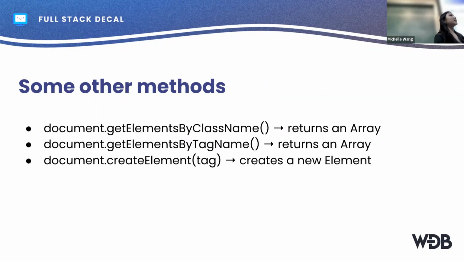This is useful if you want to loop through all of those elements and change parts of each one of them. You can also create an element using the createElement method and a tag. That tag would just be like div or p, and that would create a new div or p.